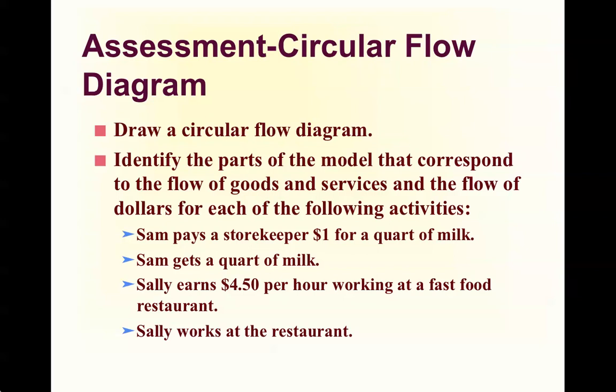Sam pays a storekeeper $1 for a quart of milk. Sam gets a quart of milk. Sally earns $4.50 per hour working at a fast food restaurant. Sally works at the restaurant. So think about this for a second and see which of the flows it goes into.